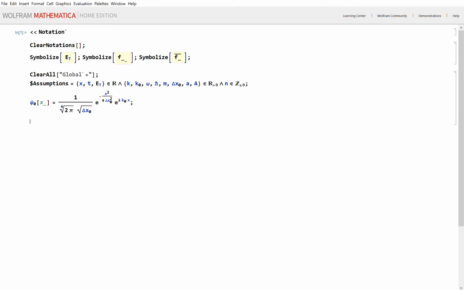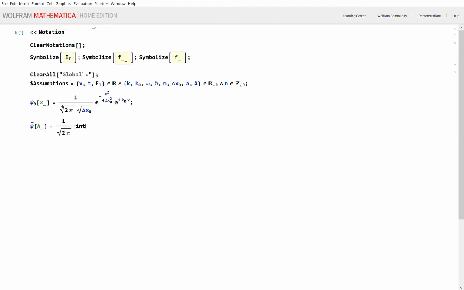Alright, now we'll get a Fourier transform going to get us to momentum space or wave number space. Yes, okay. This is going to be equal to 1 over the square root of 2 pi.